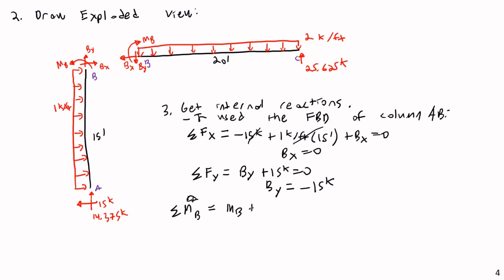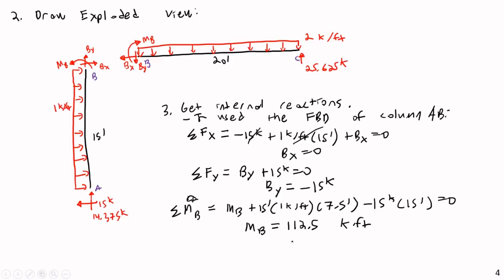MB plus 15 feet times 1 kip per foot, this is the moment generated by our horizontal load here, 15 feet times 1 kip per foot times 7.5 feet, minus 15 kips times 15 feet. And this comes to 0, of course. And solving for MB, you will find that MB is equal to 112.5 kip feet.